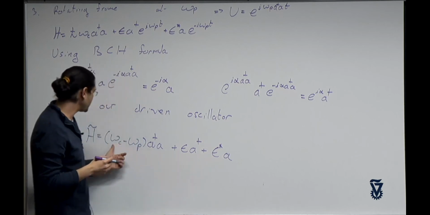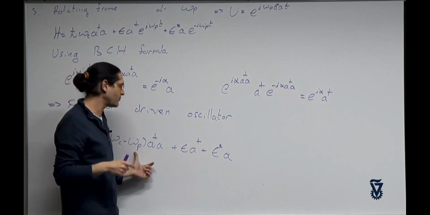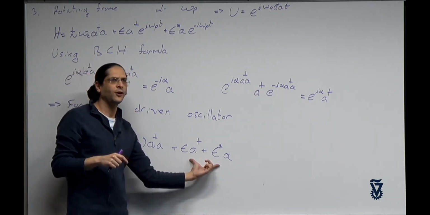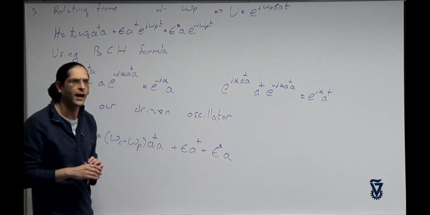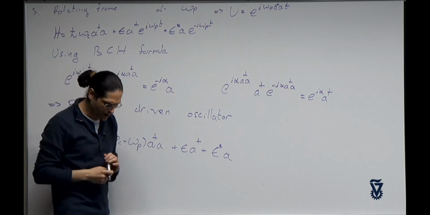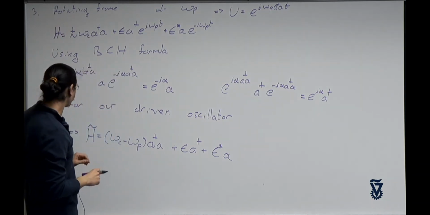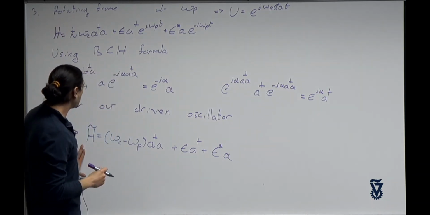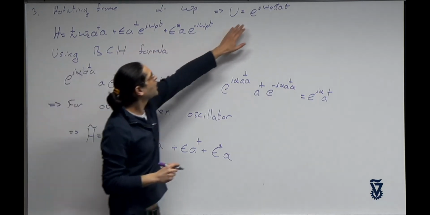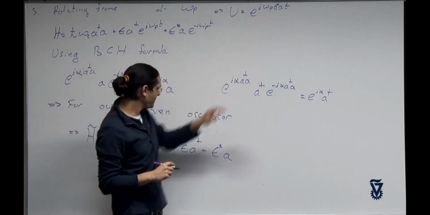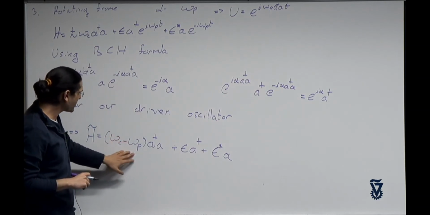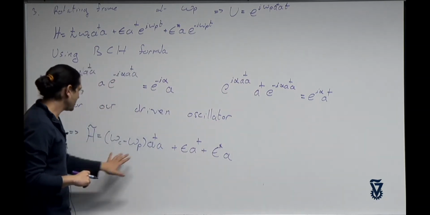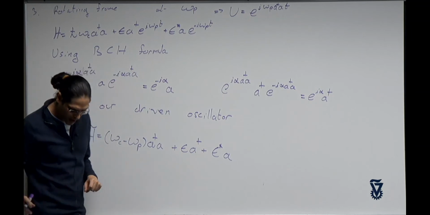So if omega C equaled omega P, if we were pumping right on resonance, you just see this term, and this term just gives you a coherent state over time. So a growing and growing and growing coherent state. This is what the transformation going to the frame rotating at a pump looks like for a harmonic oscillator. And if we're driving on resonance, we would just get, again, this term, and this term would cancel out.